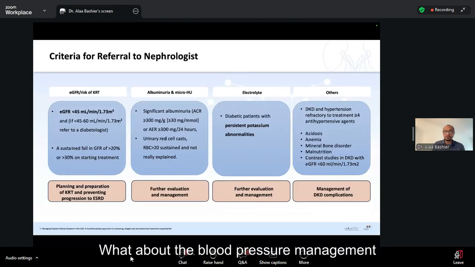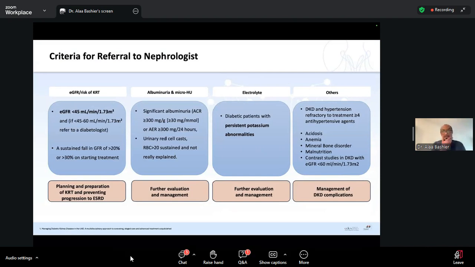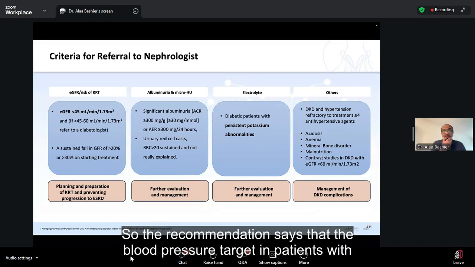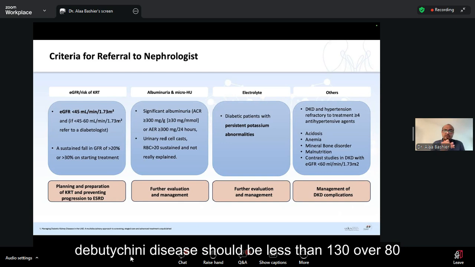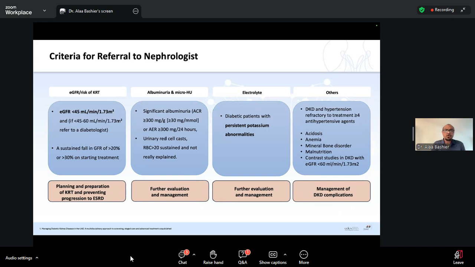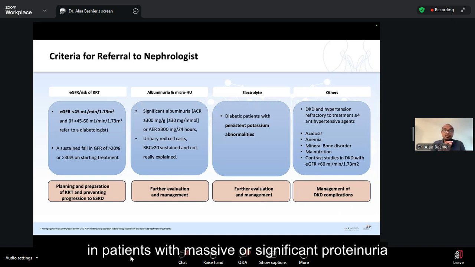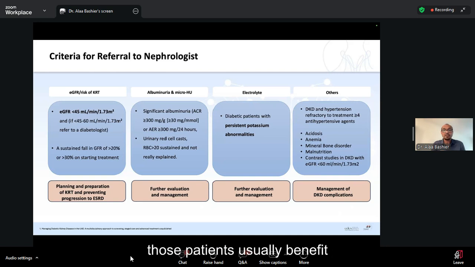What about the blood pressure management in patients with diabetic kidney disease? So the recommendation says that the blood pressure target in patients with diabetic kidney disease should be less than 130 over 80. But they mentioned an important point here, that the goal should be less than 120 millimeters of mercury in patients with massive or significant proteinuria.